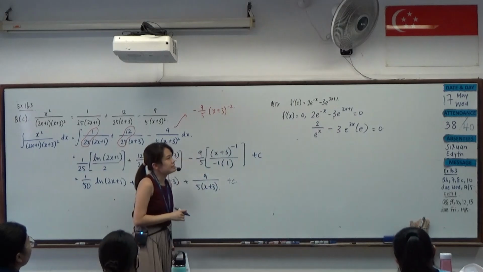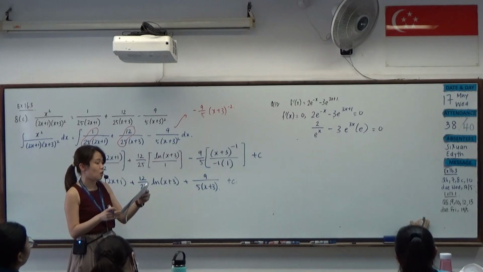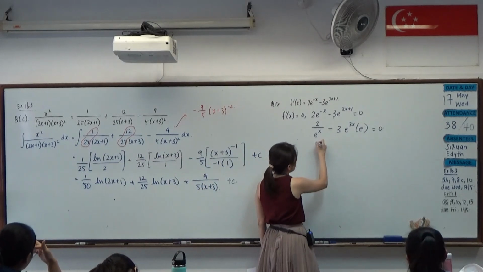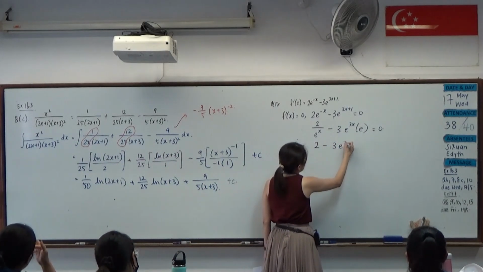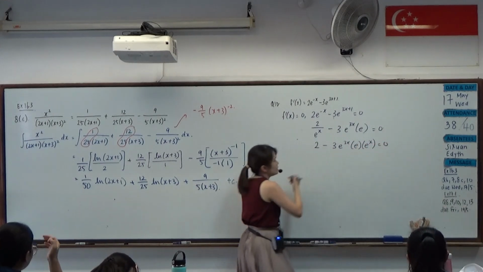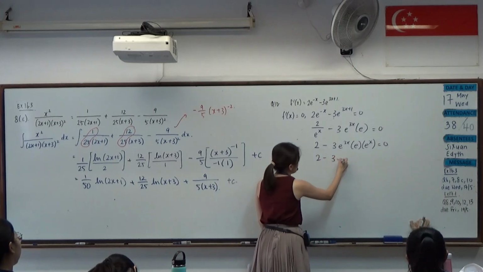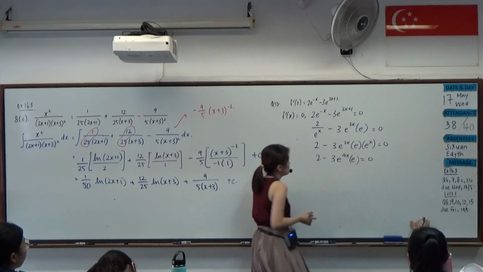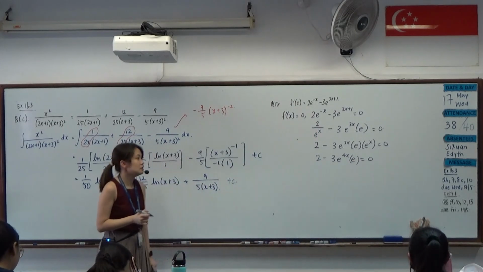But even at this stage, you may find it difficult to go about solving it. Even if you multiply across by e to the power of x, even if getting this part here, you may find it a challenge as well.